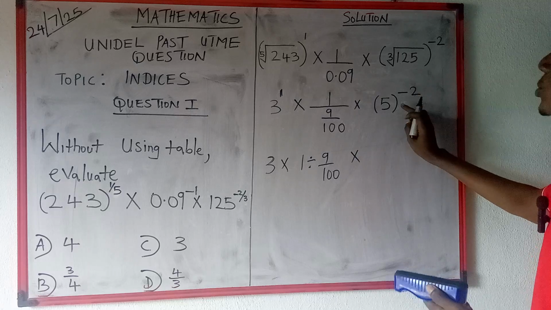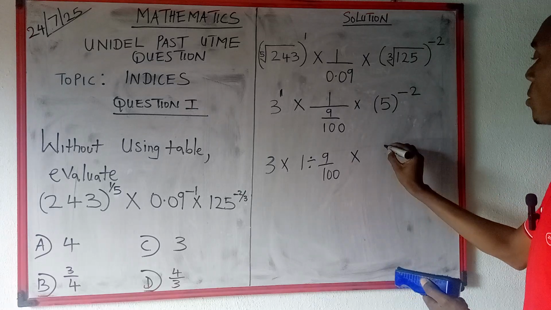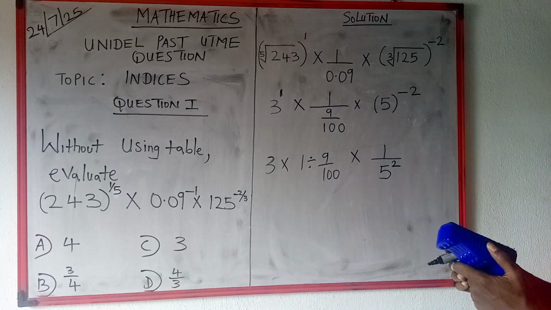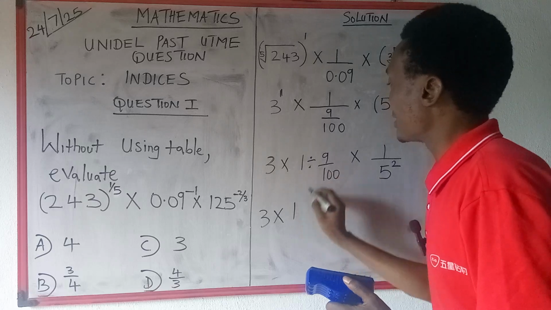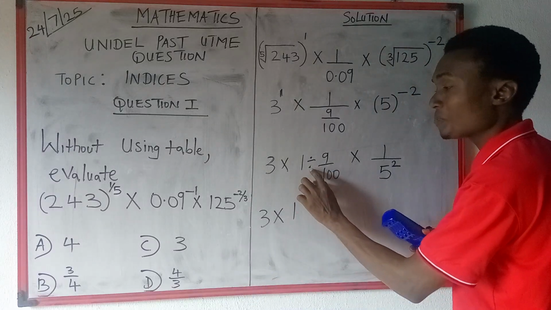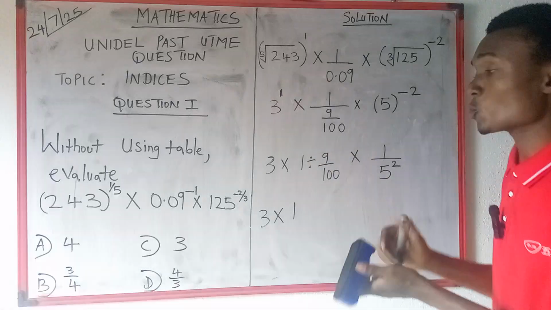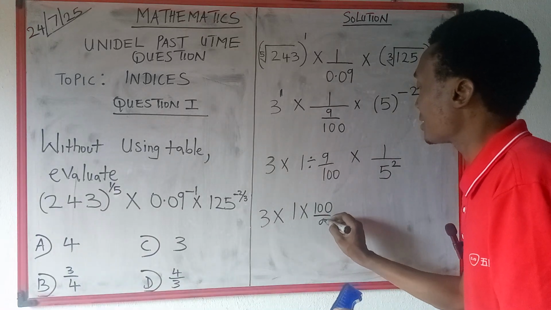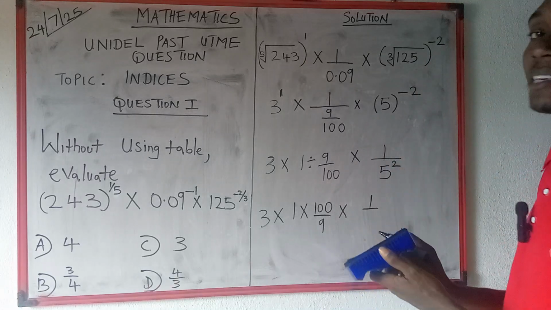In indices, when you see anything raised to the power of minus a number, you drop it down. So 1 over 5 raised to the power of 2. In mathematics, when you use a division sign like this, it is going to swap. 100 will come up, 9 will come down. So we're having 1 times 100 over 9 times 1 over 5 squared, which is 25.